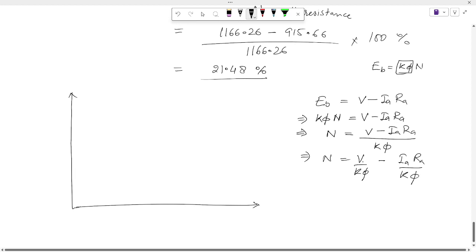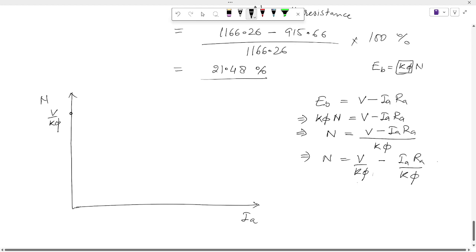This is fixed, K phi is fixed. That means when IA is 0, what value of speed do we have? That is V by K phi.